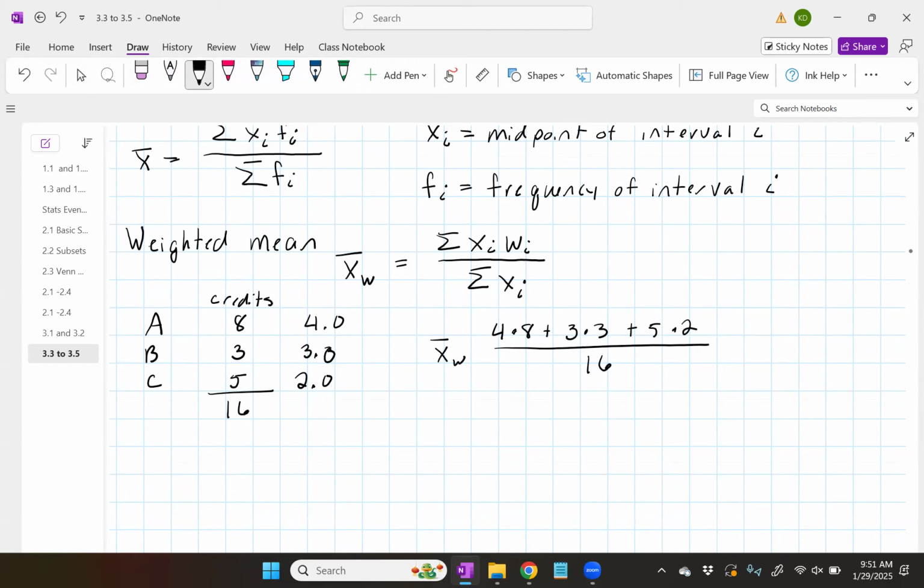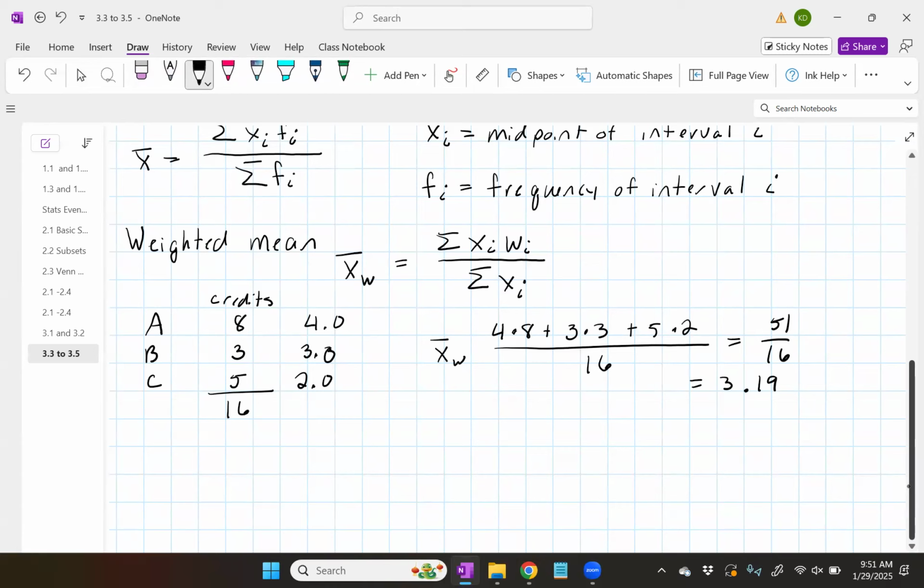That gives me 51 over 16. So we get a GPA of 3.19. So multiply each category, divide by the number of credits in our case.